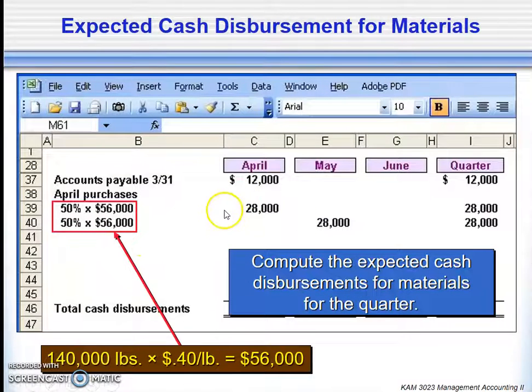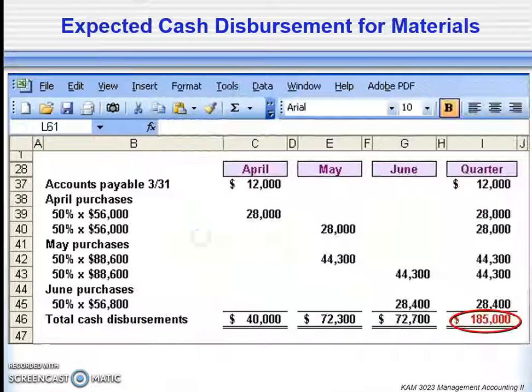In April, this is what we calculated earlier, times 40 cents per pound, and we get 56,000, and 50% as mentioned in the information previously.